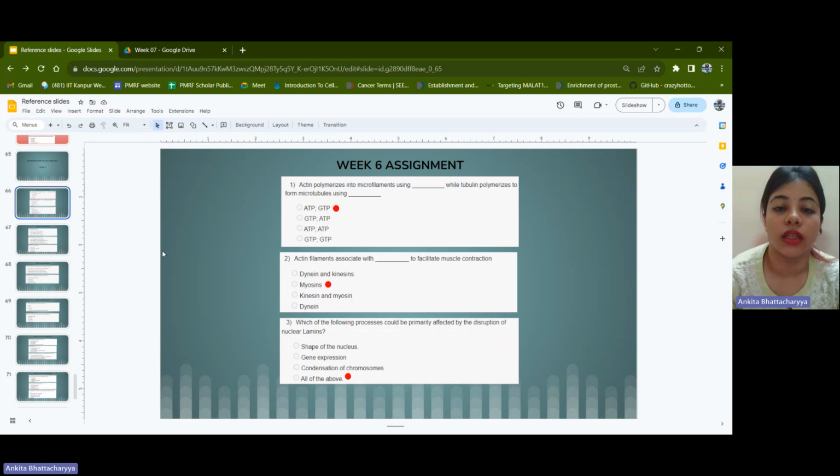The first question is about how actin polymerizes into microfilaments using ATP, while tubulin polymerizes to form microtubules using GTP. If you remember, we had discussed dynamic instability and treadmilling for both these types of cytoskeletal elements previously, and the type of energy molecule involved in each case is different.